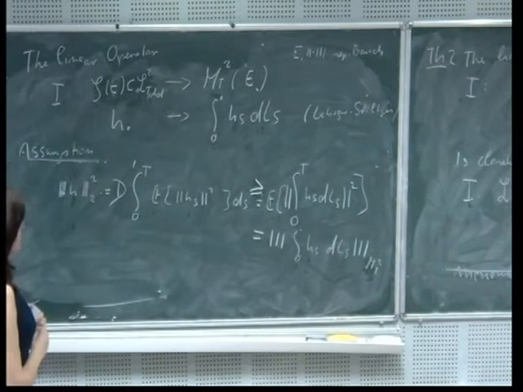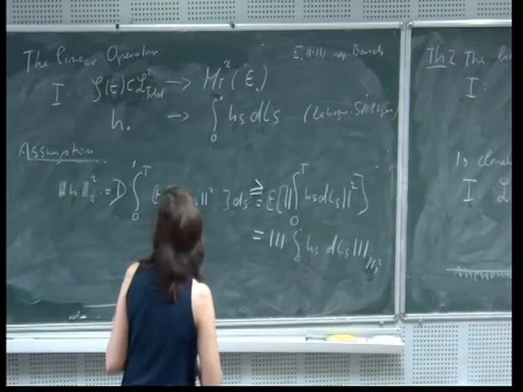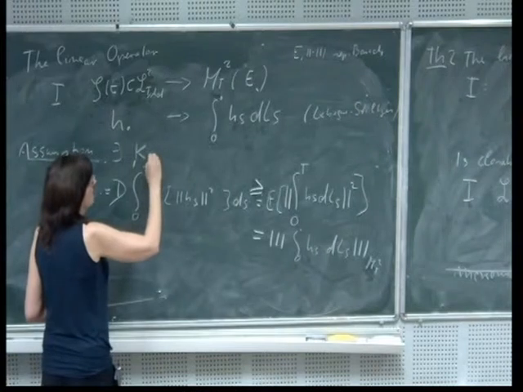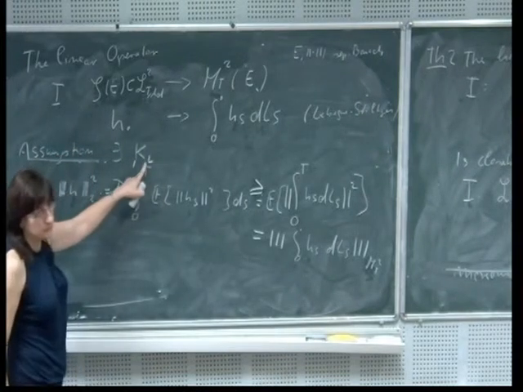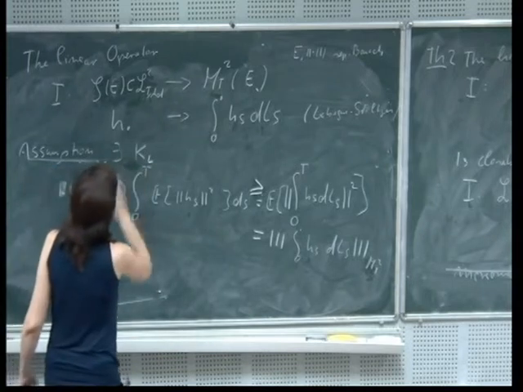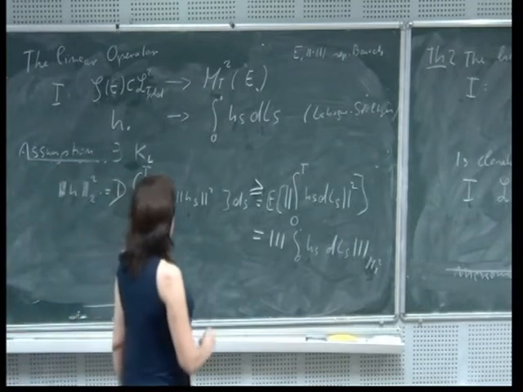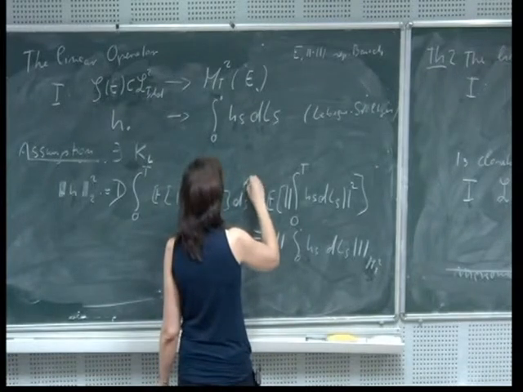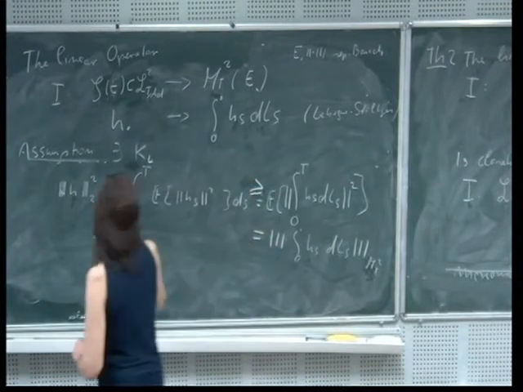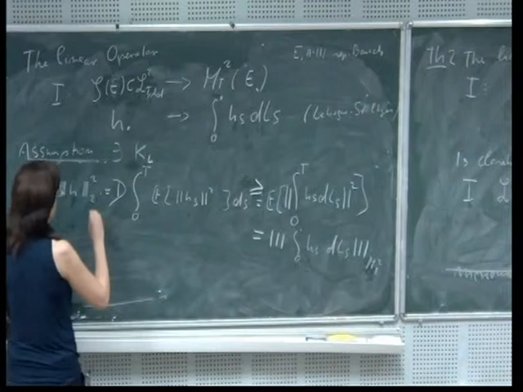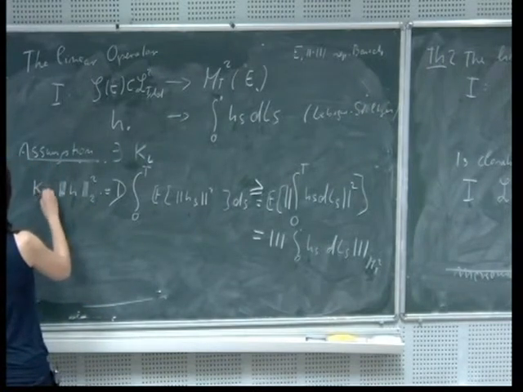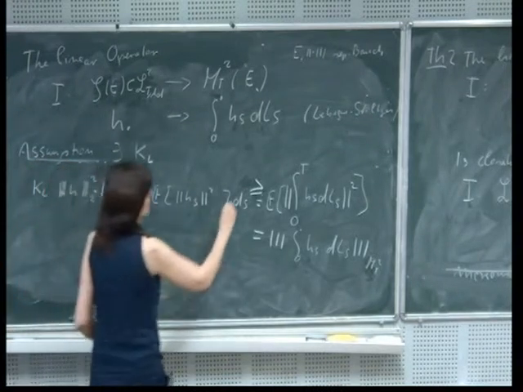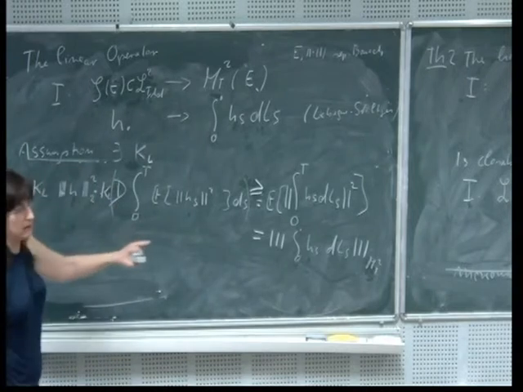We assume here that there exists a constant K, and this constant might depend on the Levy process L, such that this inequality holds with this constant: K_L times this is bigger than this.